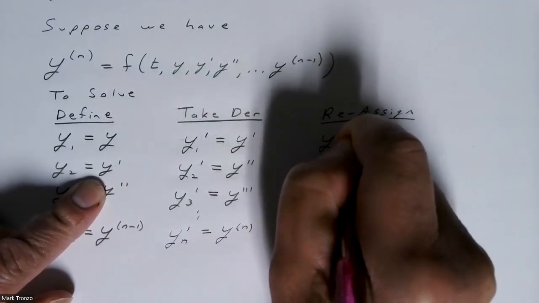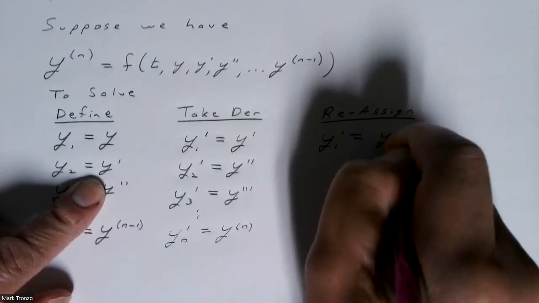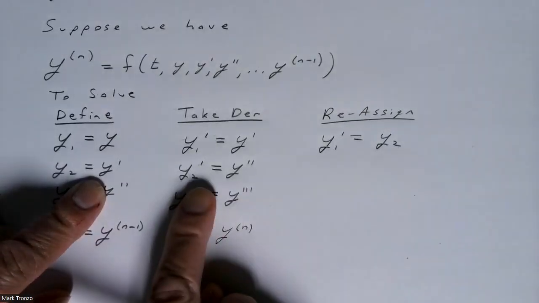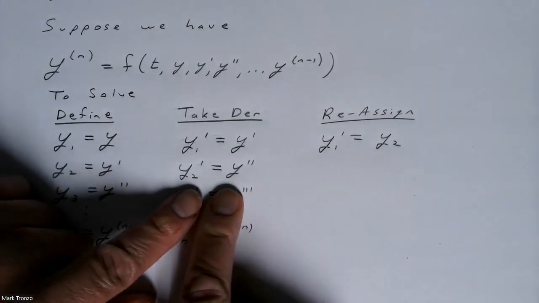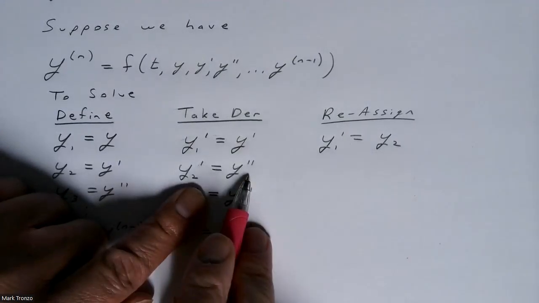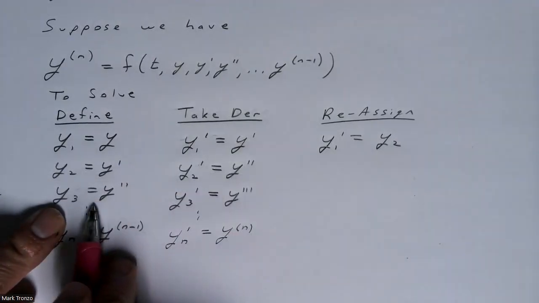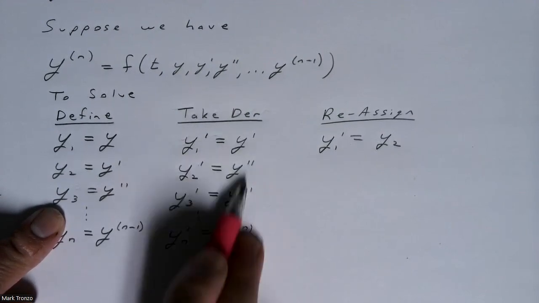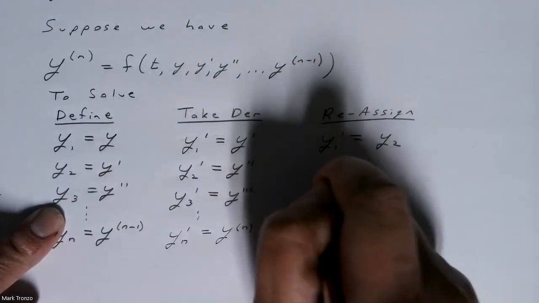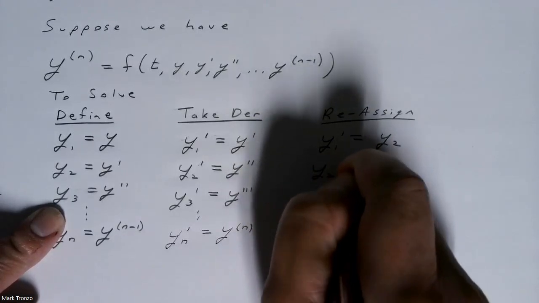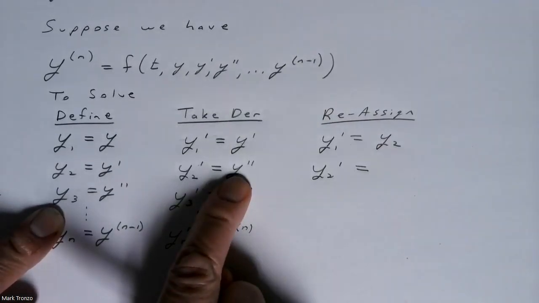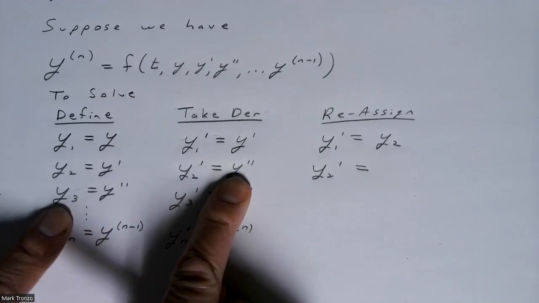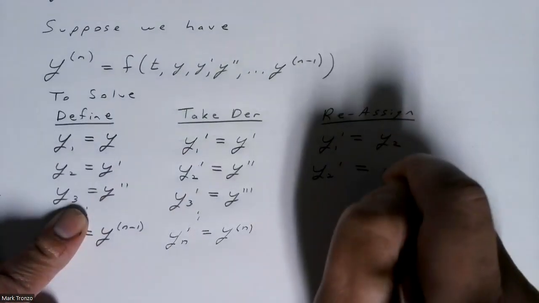So on the right-hand side, we can write that as y2. And then over here, y double prime is equal to y3 on the right-hand side. In other words, I'm replacing all these right-hand sides. So here, y double prime is going to be replaced by y3.